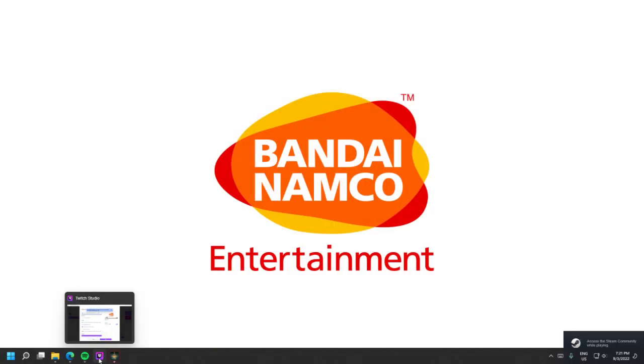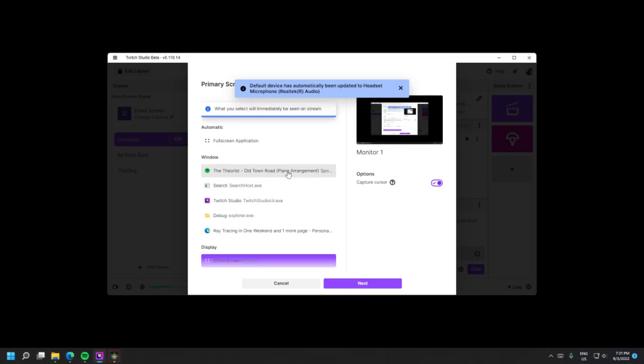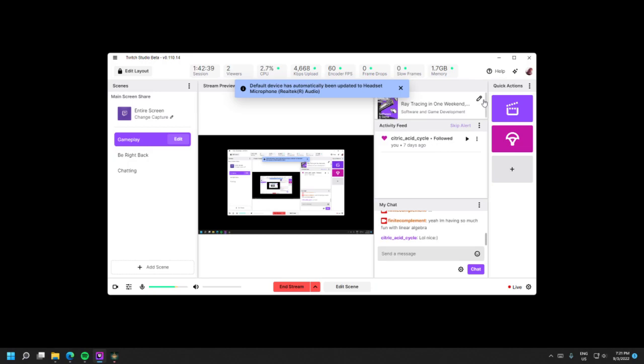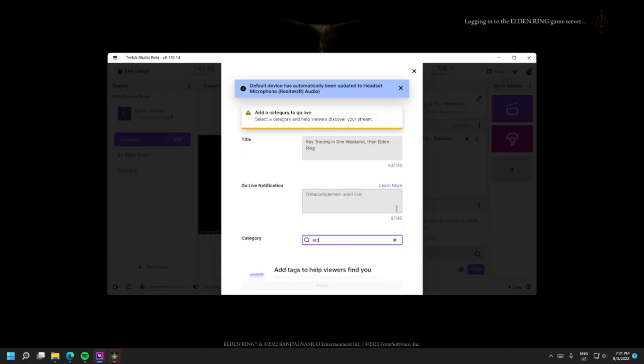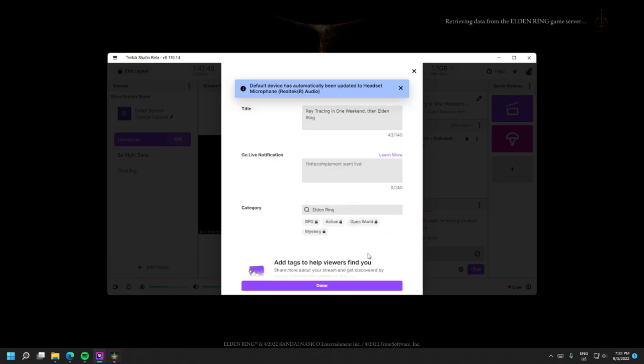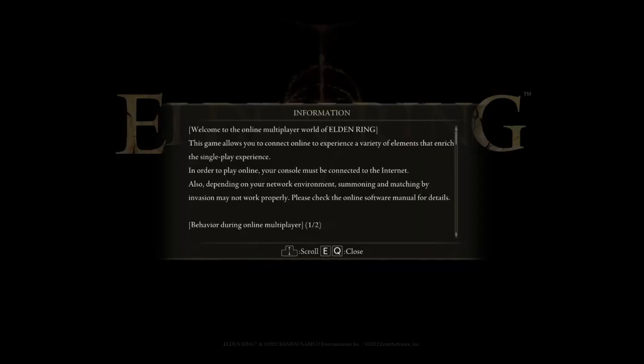Why is that still here? Okay, so wait a bit until that guy found Elden Ring, but I can always change this to Elden Ring. Okay, now this is Elden Ring.